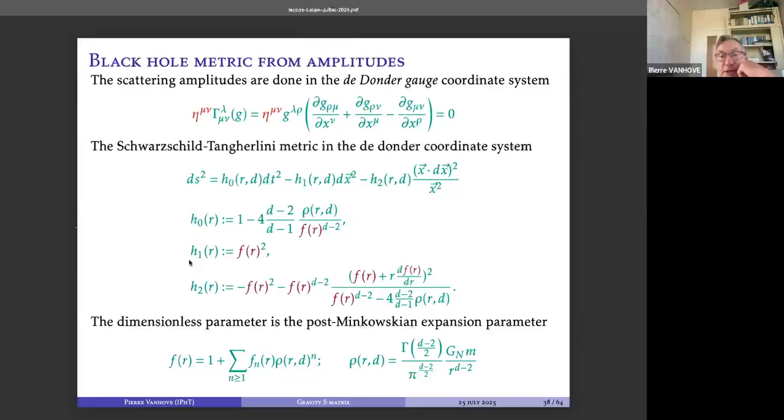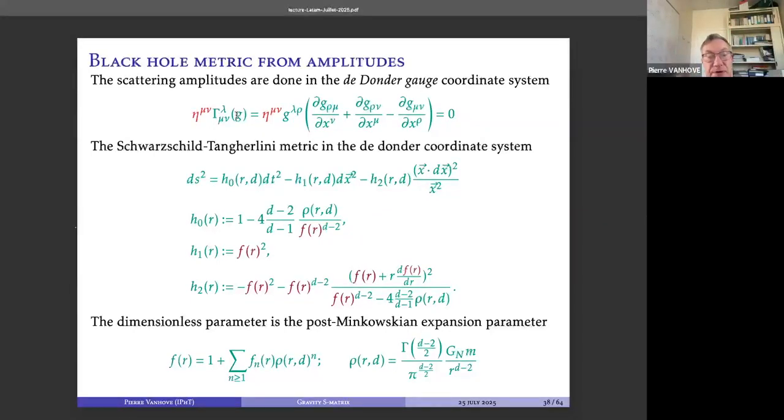First you have to understand one thing, which is a very interesting point and not very well known. When you do the scattering amplitude computation, you do perturbation near flat space. You remember I had eta mu nu plus square root of g h mu nu, okay?